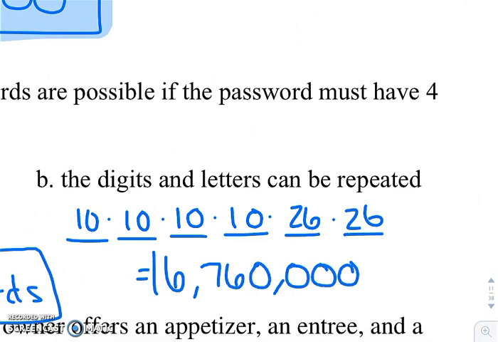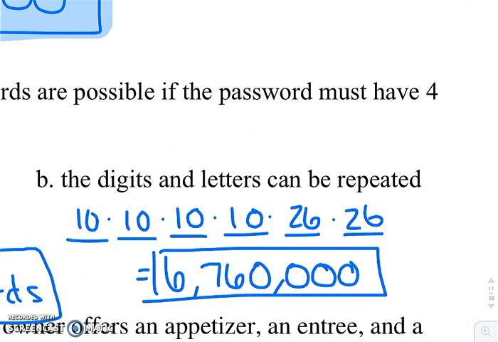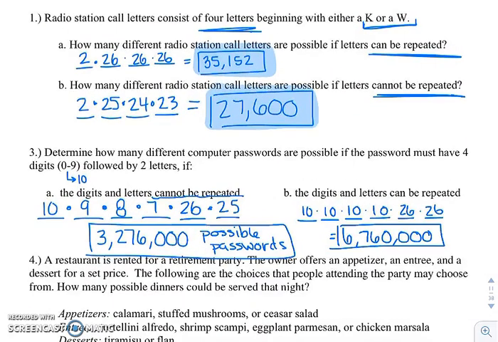Big numbers, but perfectly okay. Those are your correct answers there. Just pay attention to the wording to see if it mentions anything about repeating or not repeating, and go from there to figure out what we need to be multiplying together.